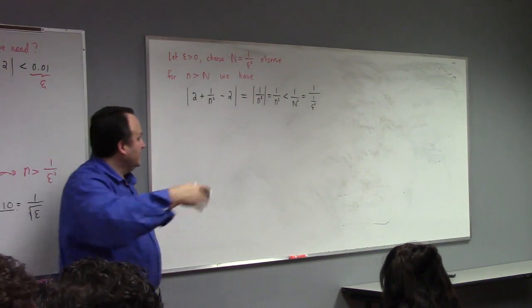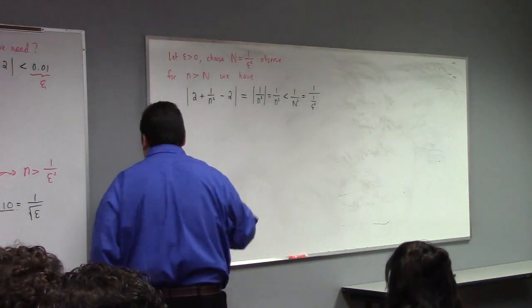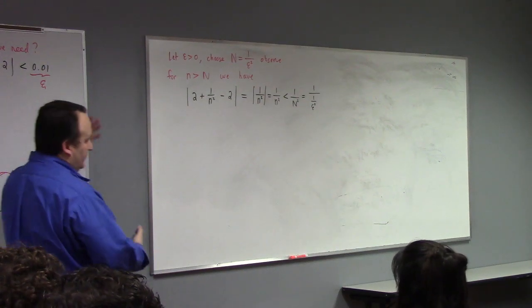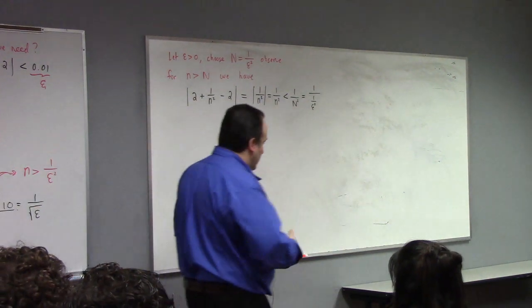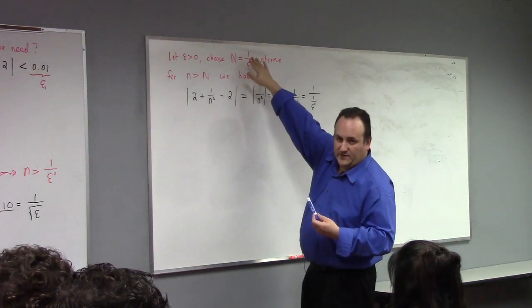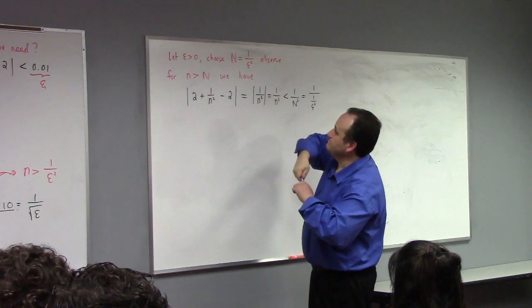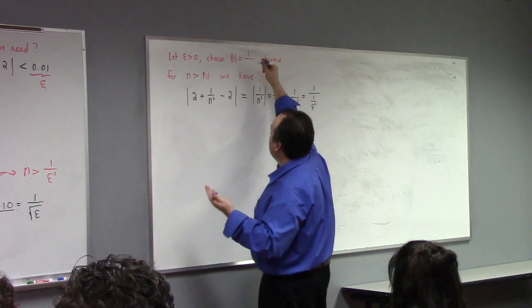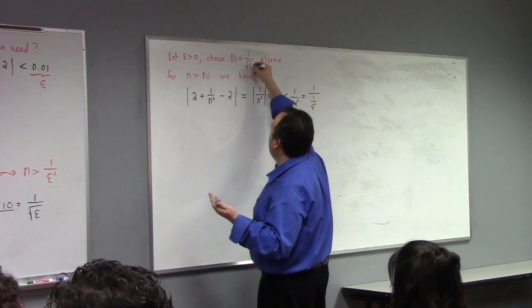This happens as you're writing proofs: you make a mistake, and then as you write out the proof, you find out, oh, that's not quite right. So how do I need to fix this? Instead of putting an epsilon squared here, I should have put the square root of epsilon. The thing is, you've got control over that. You can pick the n however you want.